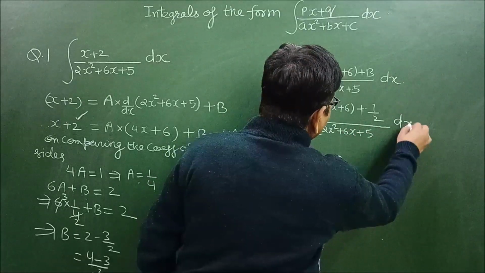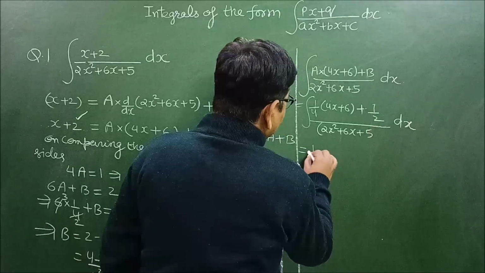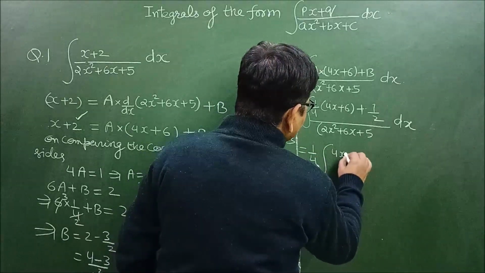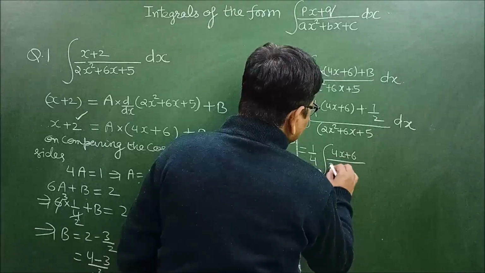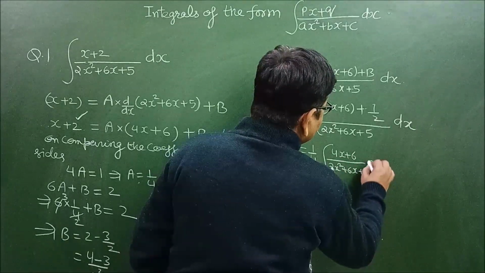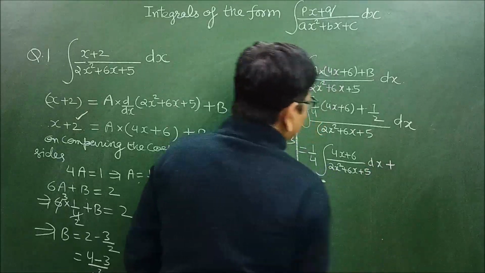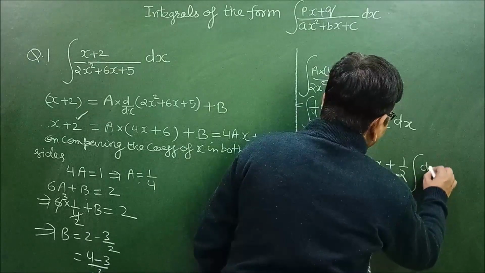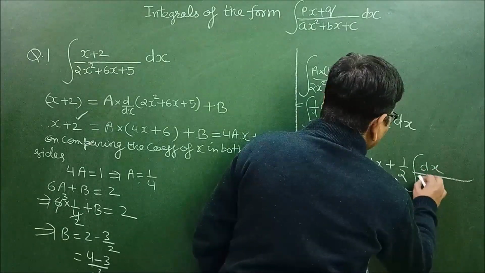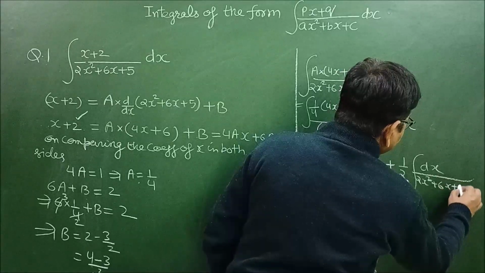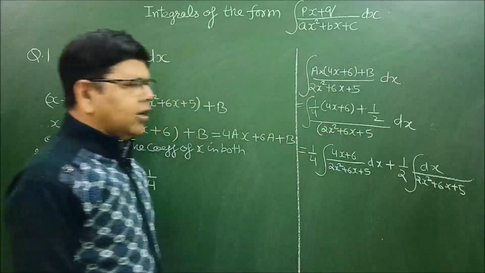Now separating the integrals, this is equal to 1 upon 4 integral of (4x + 6) upon (2x² + 6x + 5) dx plus 1 upon 2 integral of dx upon (2x² + 6x + 5).